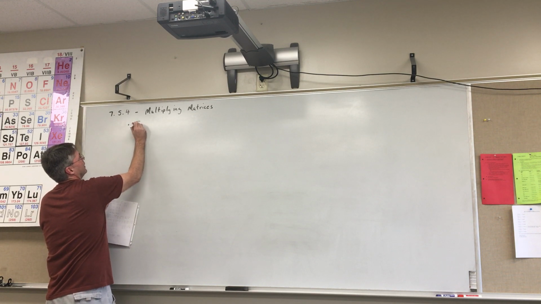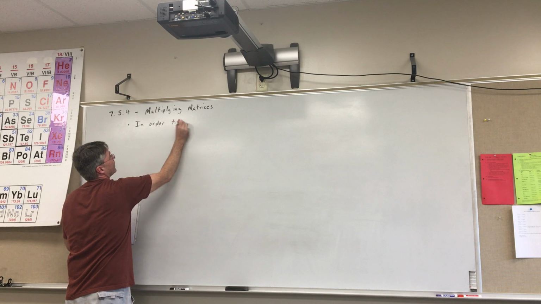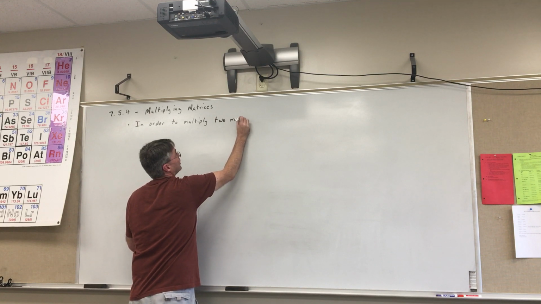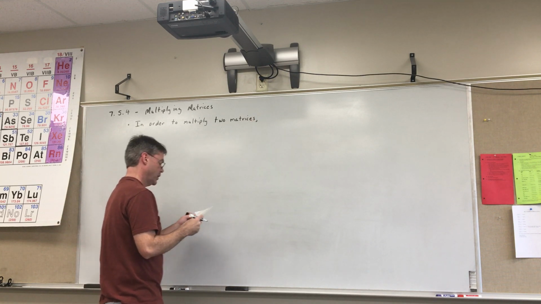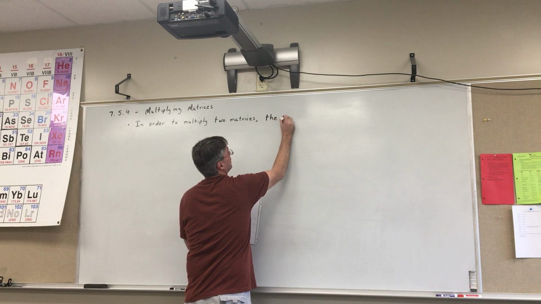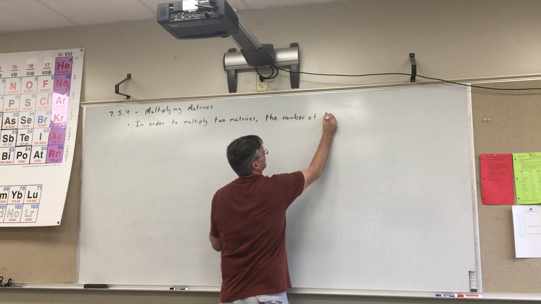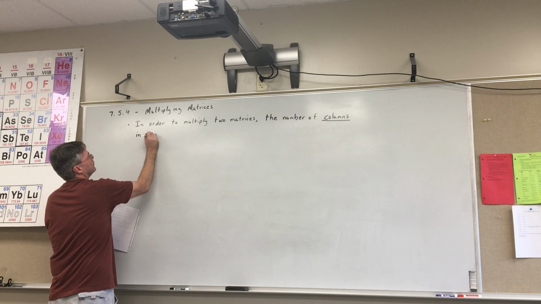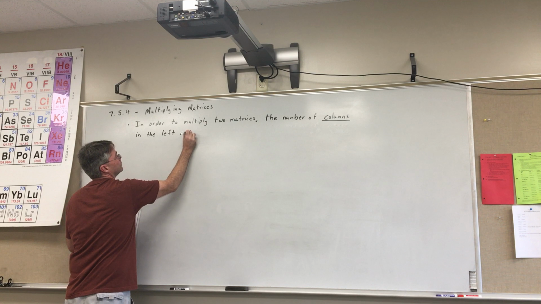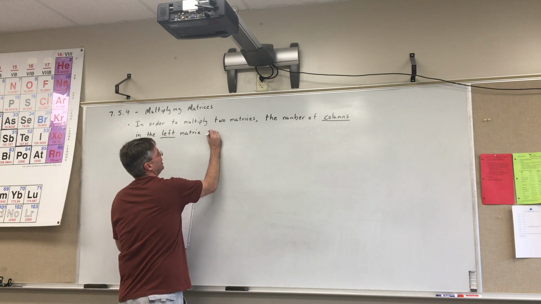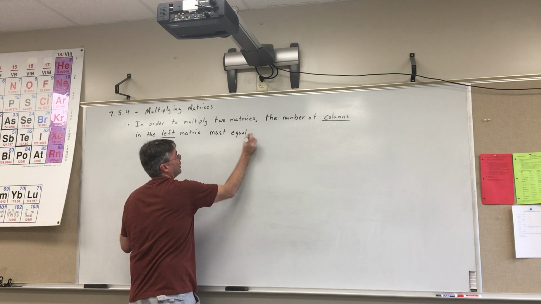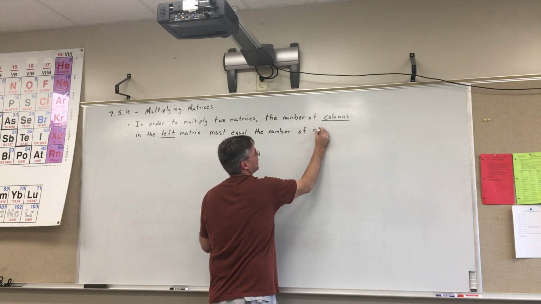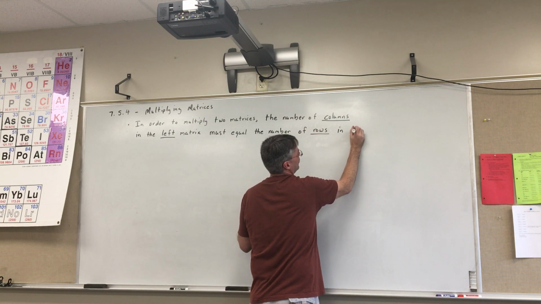In order to multiply two matrices, the number of columns in the left matrix must equal the number of rows in the right matrix.